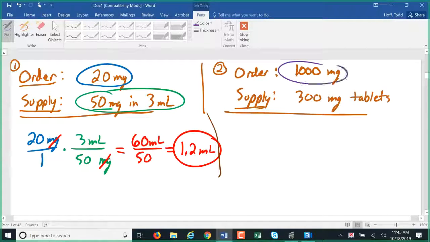Okay, so for the second one, we start out with the 1,000 milligram order. Put it over 1. Our supply, we got milligrams, need to go on bottom so they cancel out. Our supply tells us that 300 milligrams is equivalent to 1 tablet.